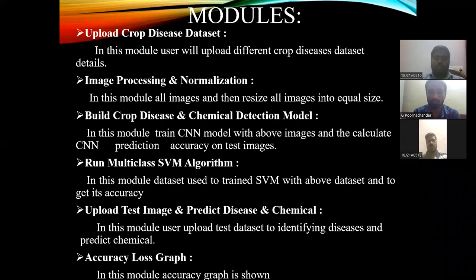After that, we run the multi-class SVM algorithm: in this module, the dataset is used to train the SVM and to get its accuracy. Upload test images and predict disease and chemical: in this module, the user uploads the test dataset to identify disease and predict chemical. And finally, we use the accuracy graph: in this module, the accuracy graph is shown.